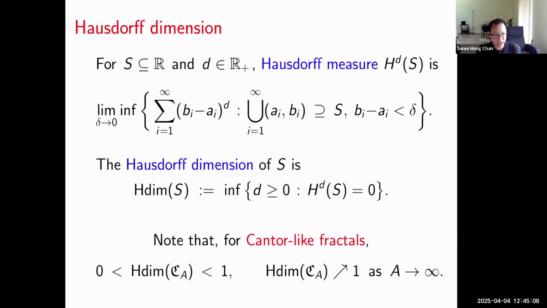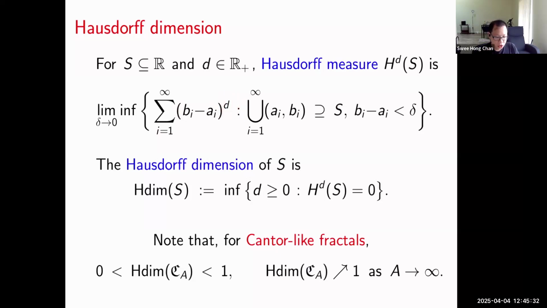It's defined as follows: given a subset S of real numbers, you define the Hausdorff measure as a generalization of the Lebesgue measure. So you define it in terms of the open cover of the set S, except that you add an extra parameter D to actually blow up the measure.